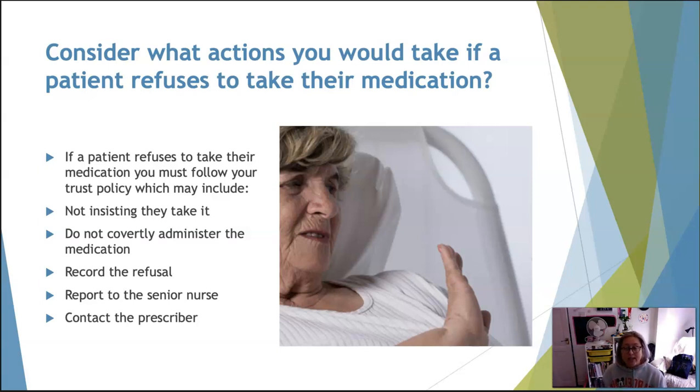We need to make sure that they have all the appropriate information so they're aware of why they're taking a particular medication, the benefits of taking a particular medication, so that that patient can have true informed consent. If that patient is still refusing that medication, again, it's absolutely fine. We shouldn't be trying to covertly administer medication.